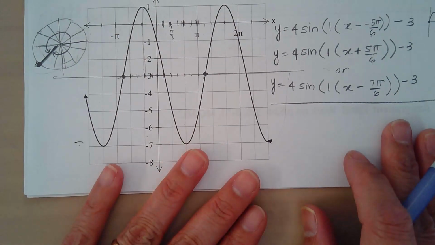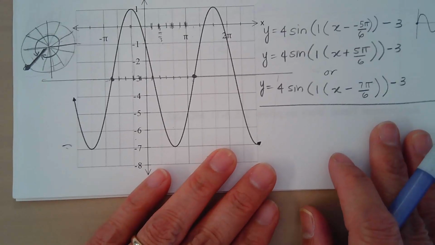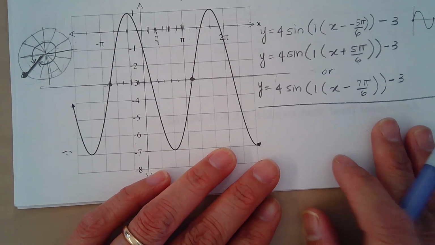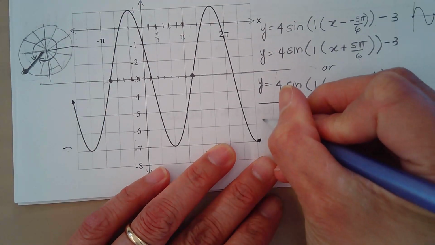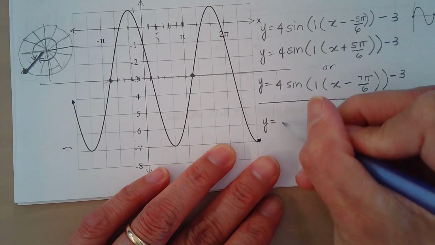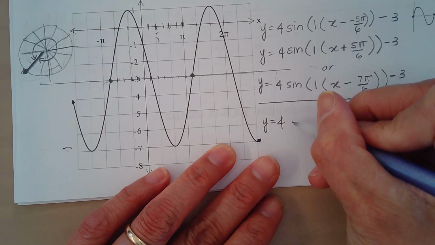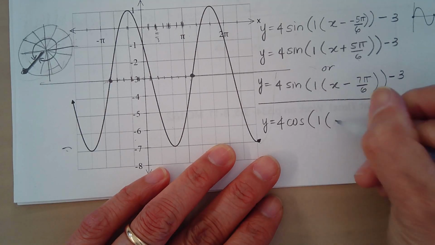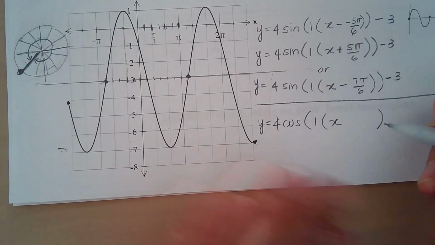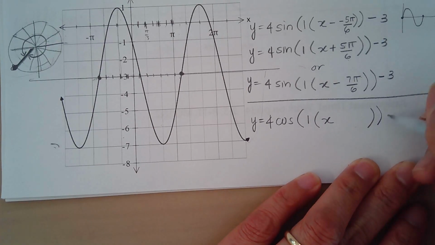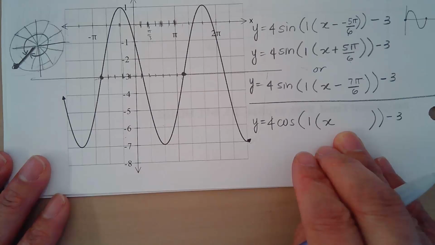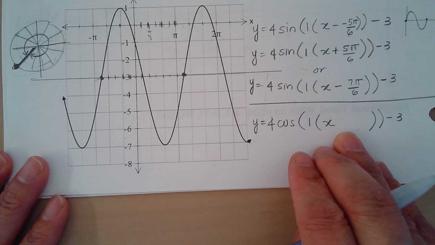Now, let's do cosine. What does a cosine look like? Okay, any possibilities? It's still going to be starting the same. So 4 cos brackets 1 x. I'll leave the phase shift slightly. Okay, where's the beginning?